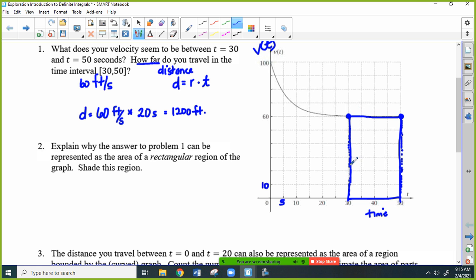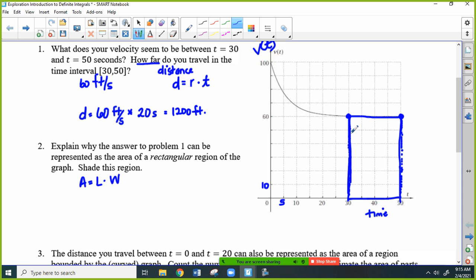All right, well, how would I find the area of that region since it's a rectangle? Length times width, right? Area of a rectangle equals length times width. And it doesn't matter which one I call the length and which one I call the width. All right, so let's do the tall side as the length. What is the tall side? How tall is this rectangle? Forget about that things represent velocity and time.